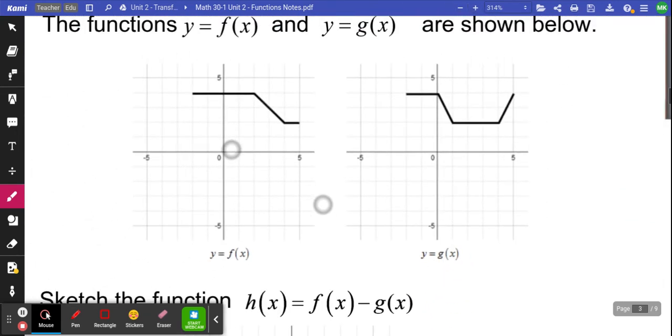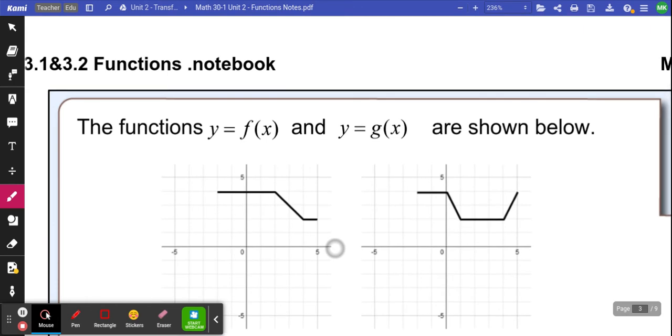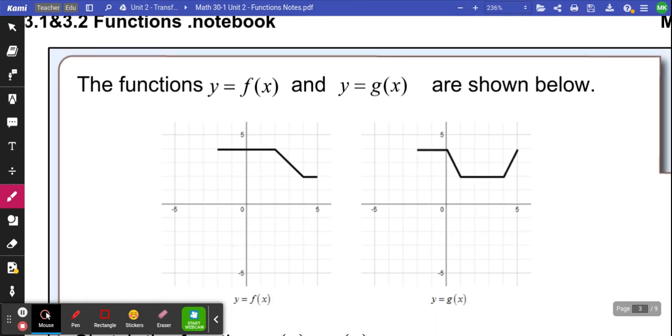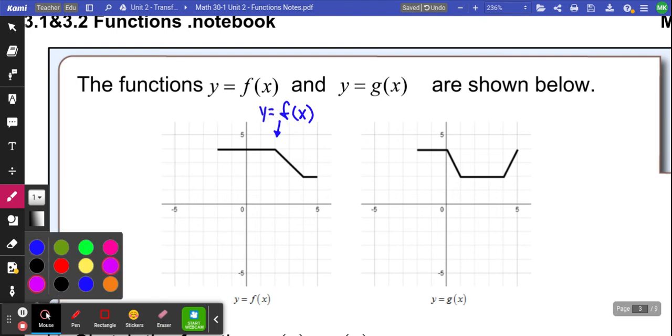All right. Doing it with graphs. So you got the function y equals f of x and y equals g of x shown below. So this one right here, that's f of x. And this one over here, that's y equals g of x.